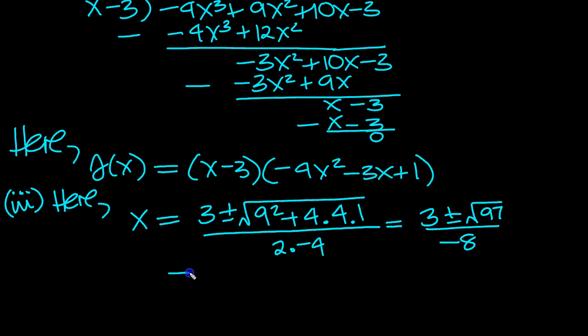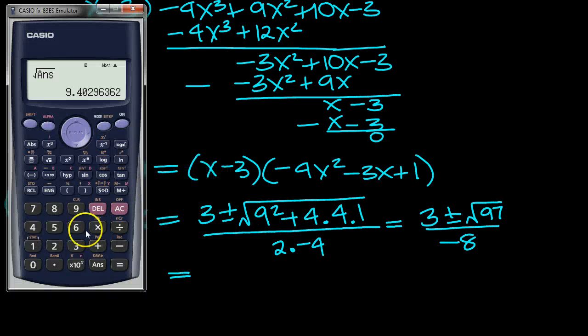So that's equal to, let's get our calculator then. It's 3 plus the square root of 97. Now put a bracket around that, and we want to divide that by -8.